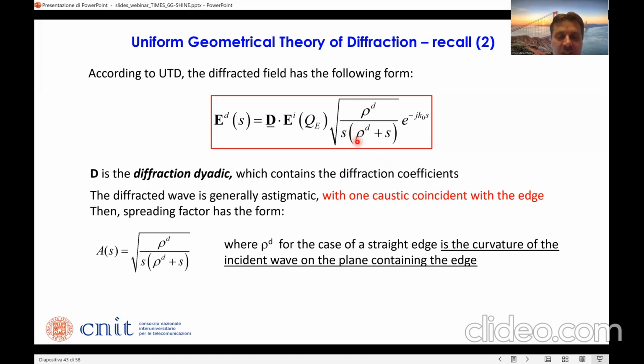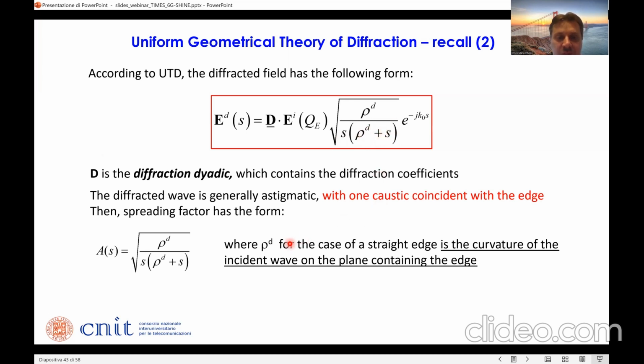The other curvature radius is equal to 0 on the edge, and when we move away from the edge is simply equal to s, the coordinate along the ray, while the other curvature, when we move along the ray, becomes rho d plus s.